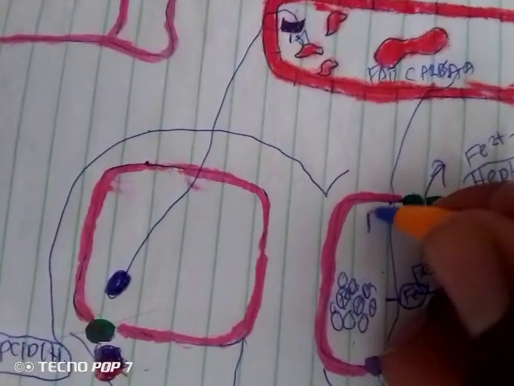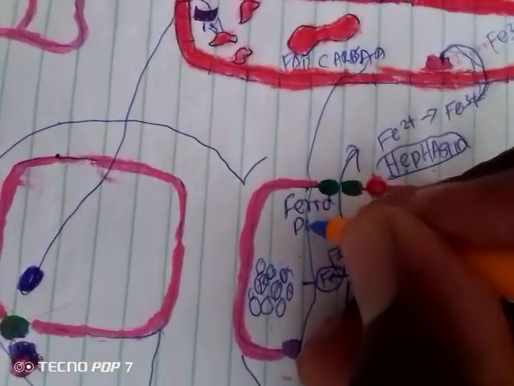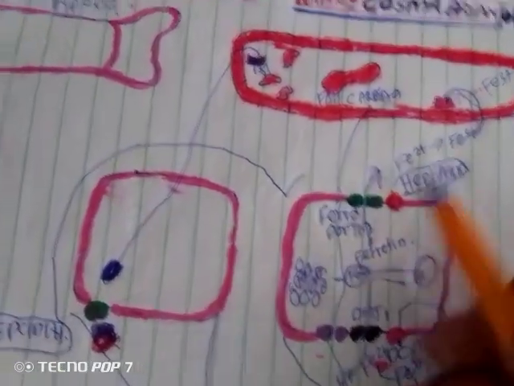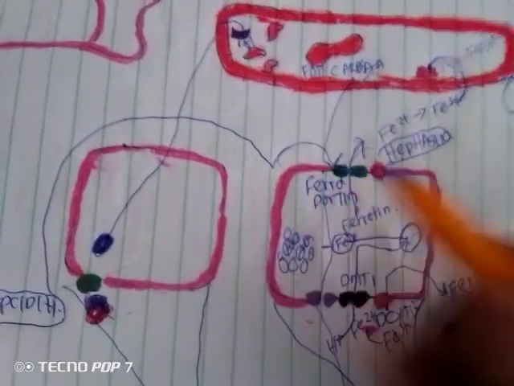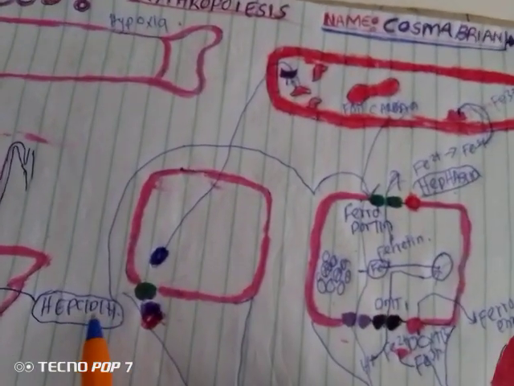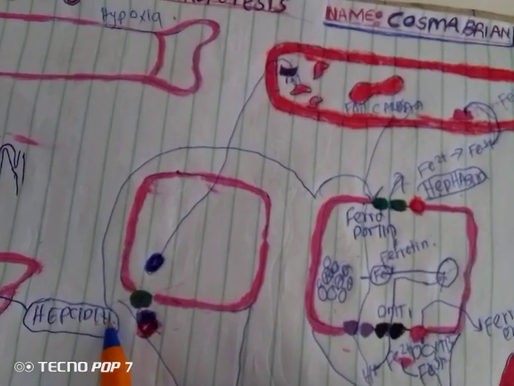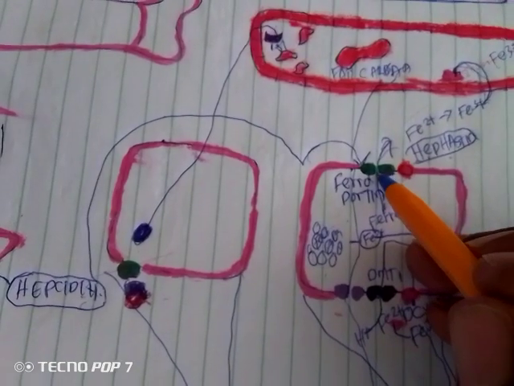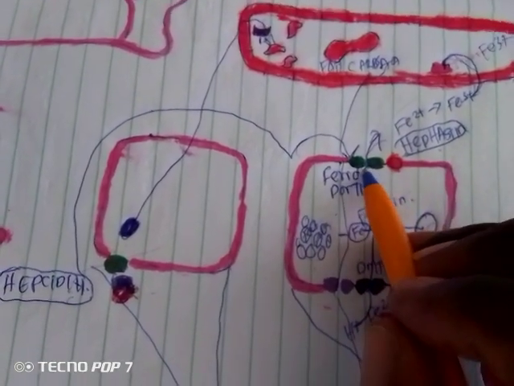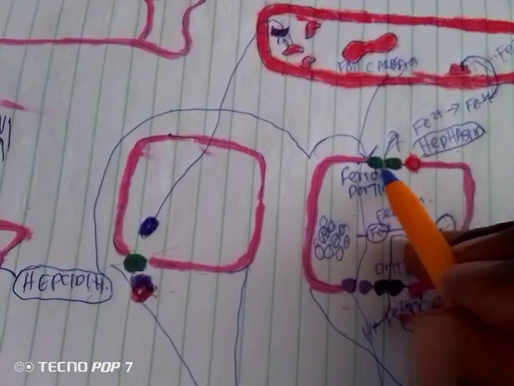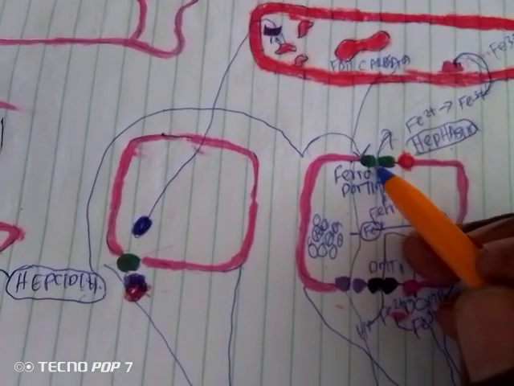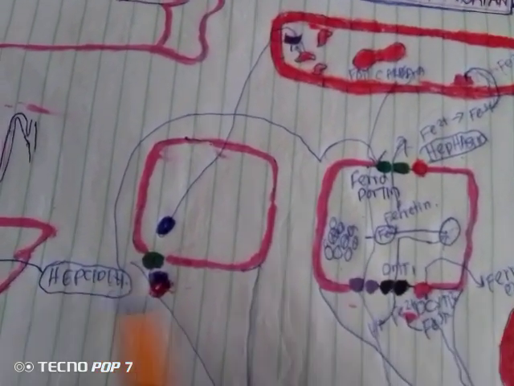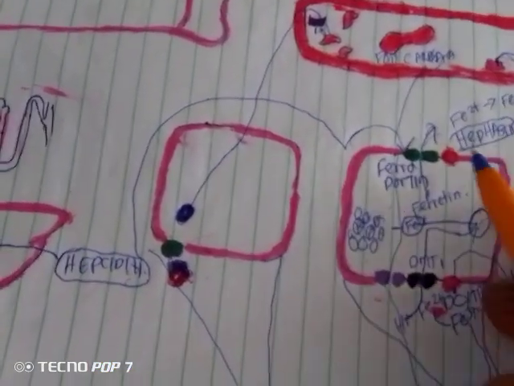This channel is known as ferroportin. So hepcidin regulates the activity of ferroportin. When iron is in excess, it blocks ferroportin from functioning. That means it regulates the amount of iron in the blood.